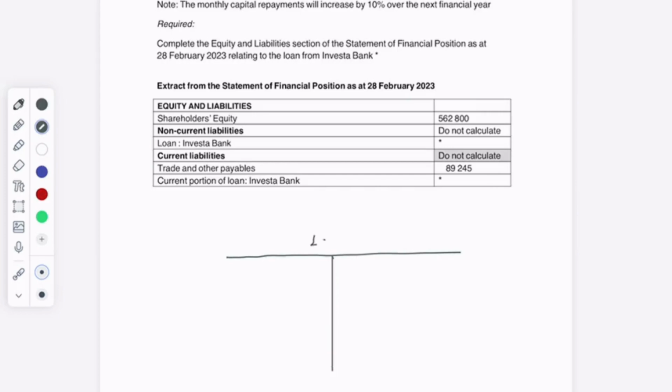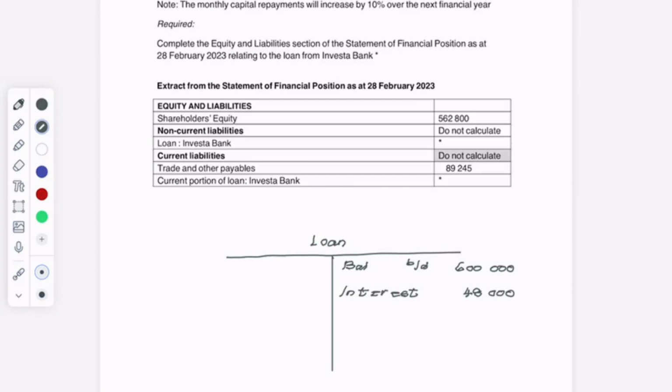This is our loan. So on the credit side, we're going to have the balance brought down of 600,000. The interest has been capitalized, so it gets added to your loan capital. And the interest we were told was 48,000.